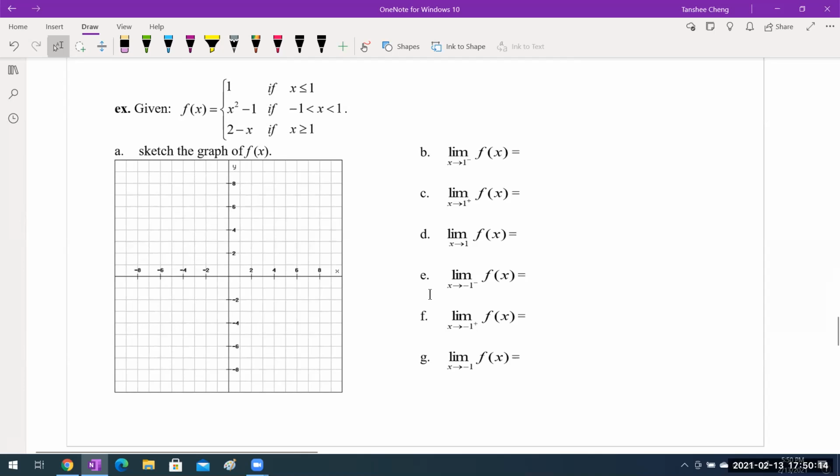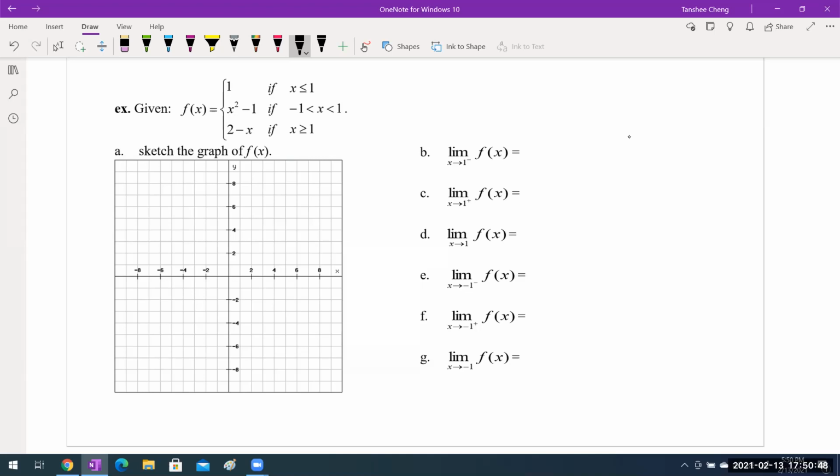So this time I'm giving you a piecewise defined function f, and asking us to graph this. The first formula is a constant, which is going to be a horizontal line. Oh, right here is a mistake.